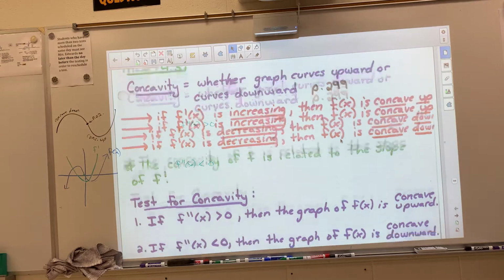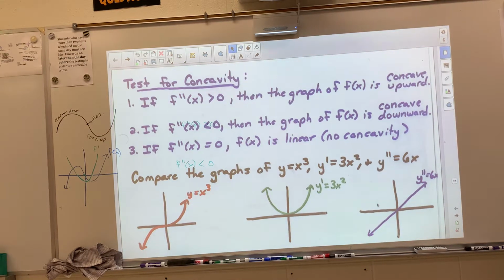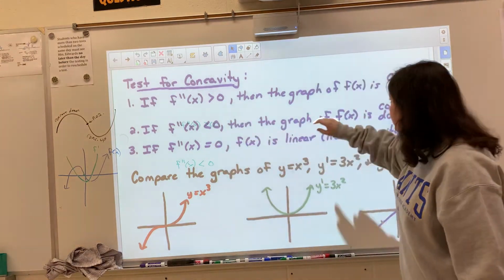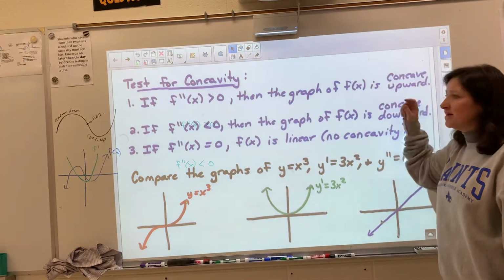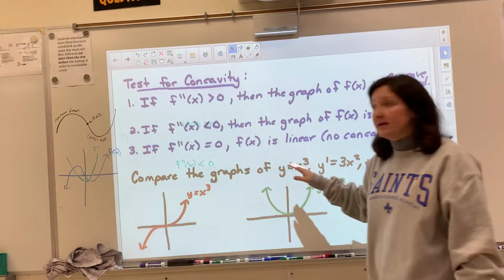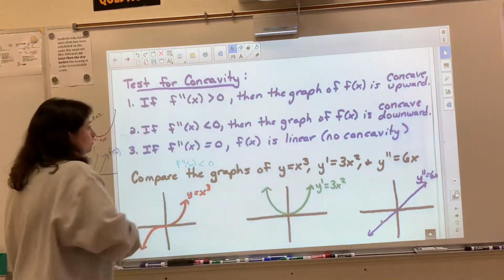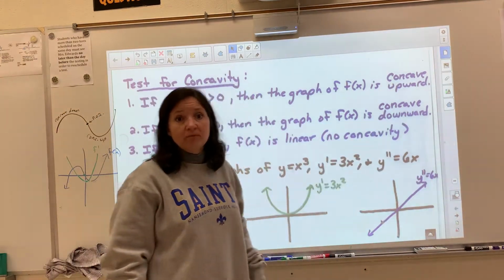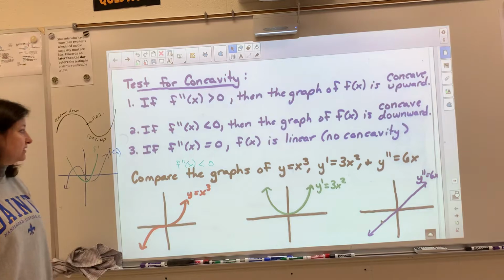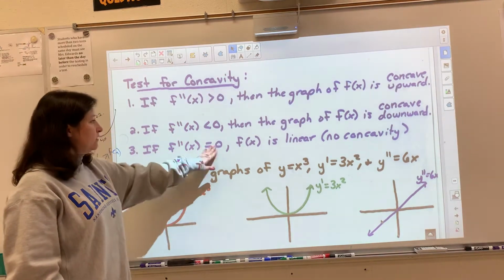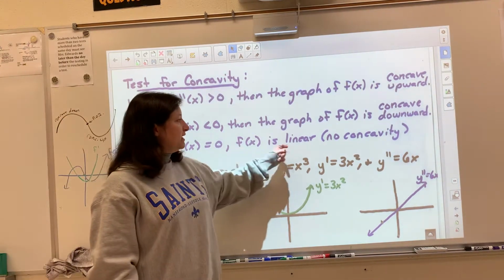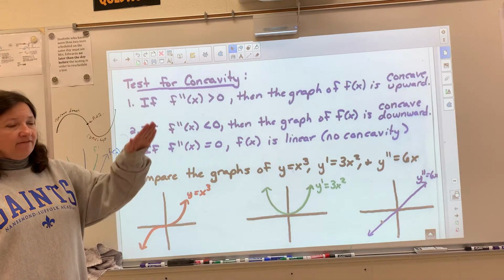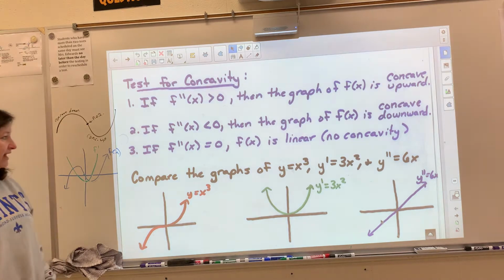So the way we test concavity, it says if the second derivative is positive, then the original will be concave up, because that means the first derivative would be increasing. If the second derivative is negative, then the graph of the original will be concave down, because that means the first derivative is decreasing. And if the second derivative equals 0, then the original will be linear. There will be no curvature. There will be no concavity. It will just be a flat line with no concavity.